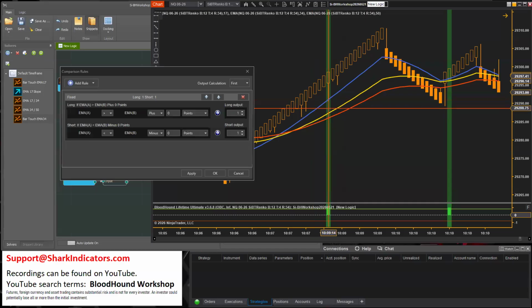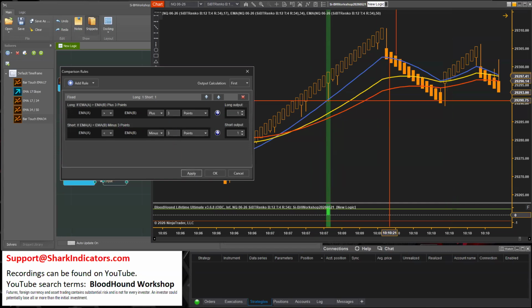The NQ, and let's just get a rough guess. I think 3 points ought to do it. Put 3 points in there, hit apply, and bingo, there you go. Those two EMAs are less than 3 points away, and that's more than 3 points away. So you could add a separation requirement there as well, if you really wanted to start dialing down on the filtering.